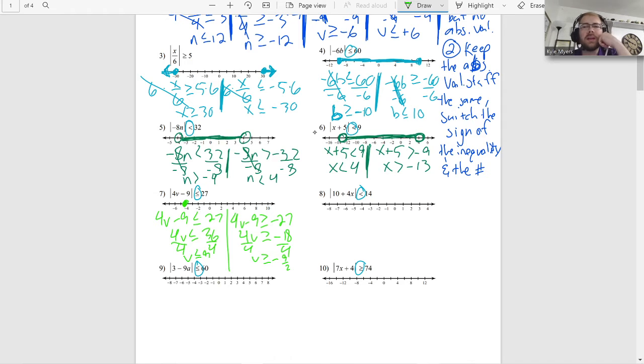Kind of a weird number, but if we want to check it, we plug it in, right? So check it by plugging it in. 4 times negative 9 halves would be the same thing as 2 times negative 9, which would be negative 18. Negative 18 minus 9 would be negative 27, and then I take the absolute value and I get positive 27. So look at that. That was the right answer there. So I did all of that in my head, so if you weren't following me, that's okay.